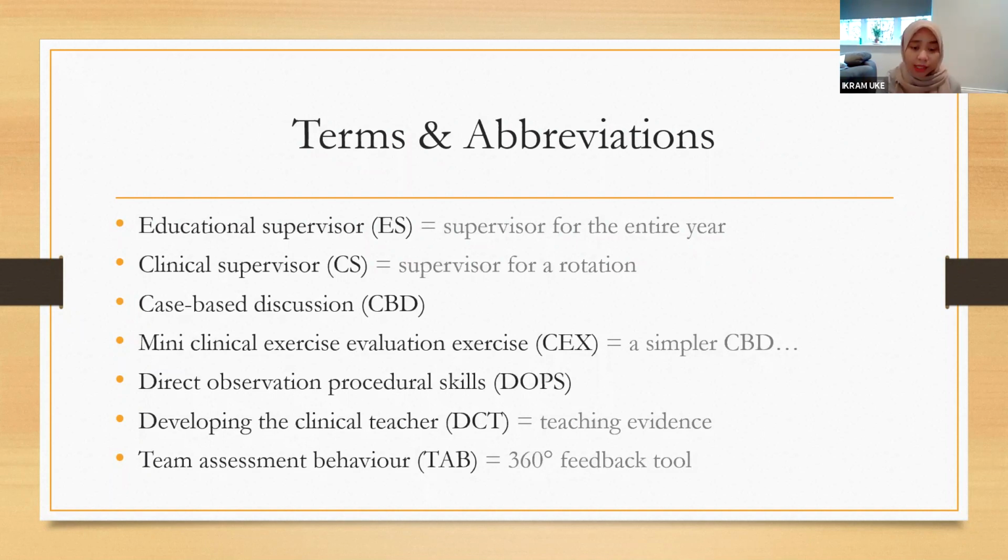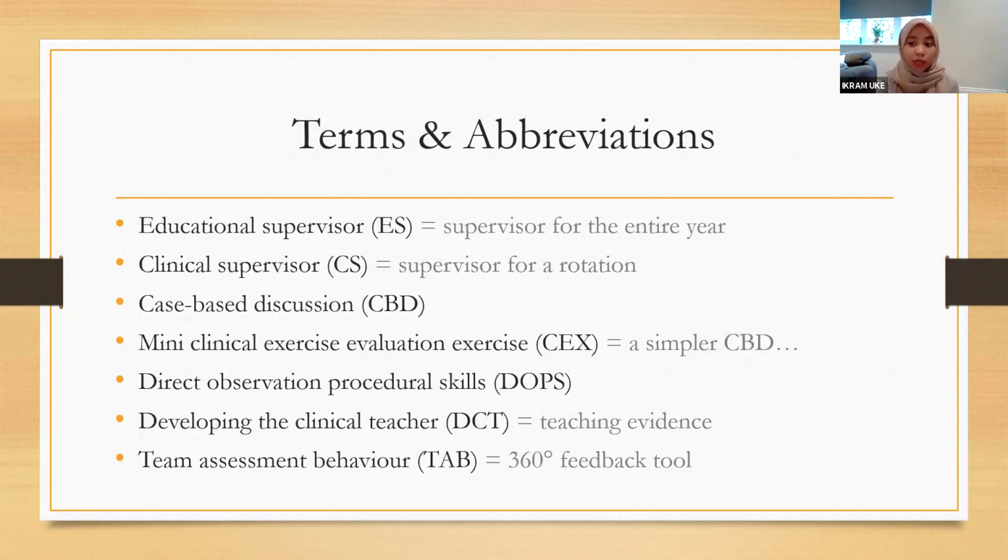And then TAB is a 360-degree feedback tool from the multidisciplinary team. So you need to get some feedback from your colleagues and also allied healthcare professionals with regards to how you did. It has nothing to do at all with your clinical competence.